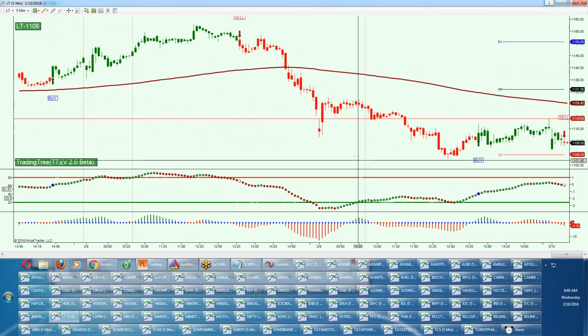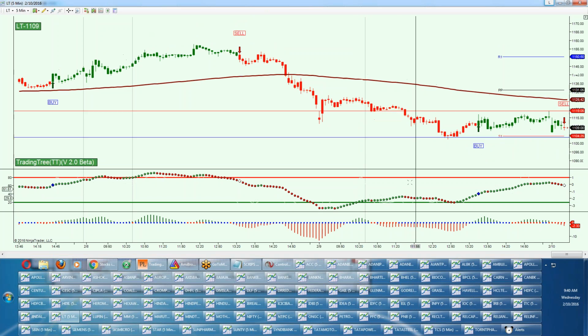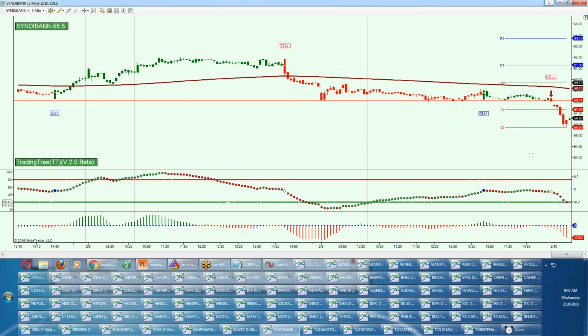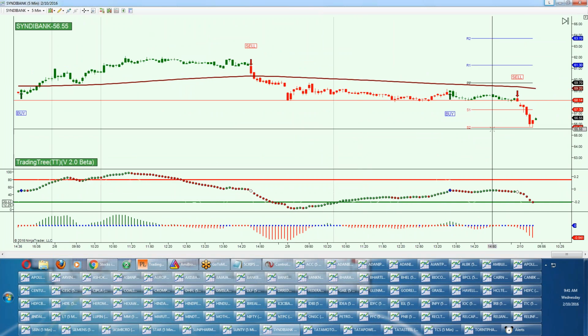So L&T, we will short below this S1. Syndicate Bank, we can short it below this S2.